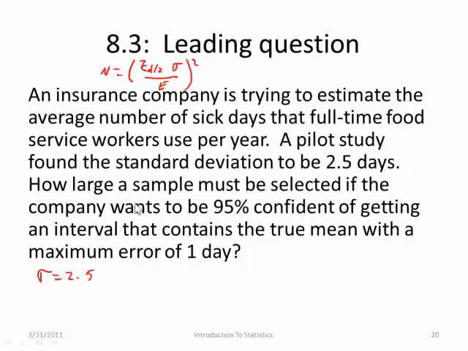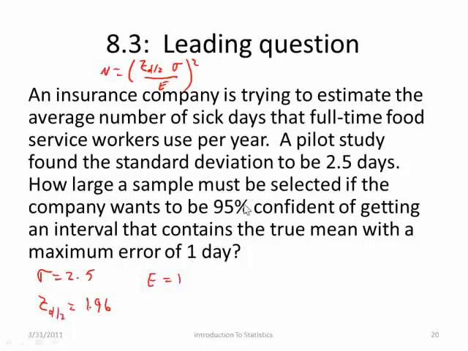We want to be 95% confident. So with our 95% confidence, we know that z alpha over 2 is equal to 1.96 from the table that I gave you the last time. And the error that we want to live with is equal to 1.